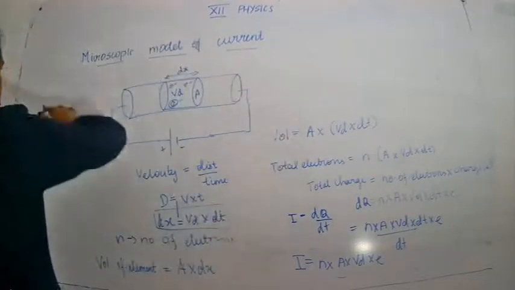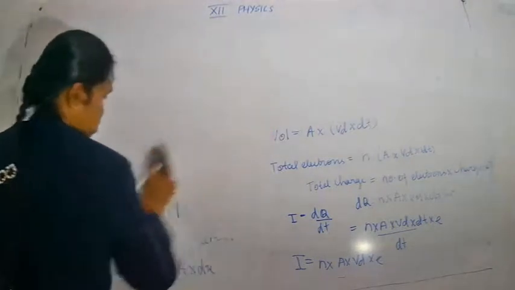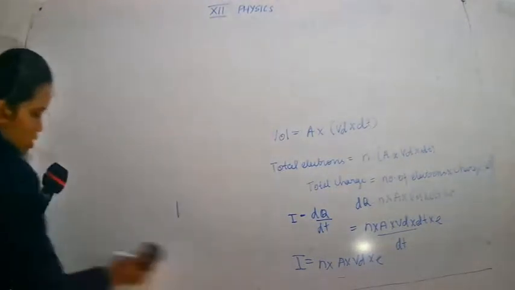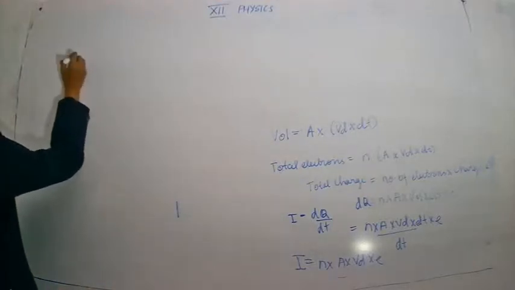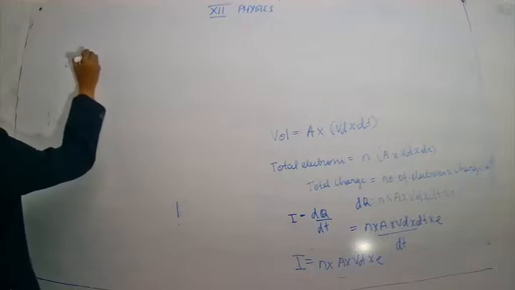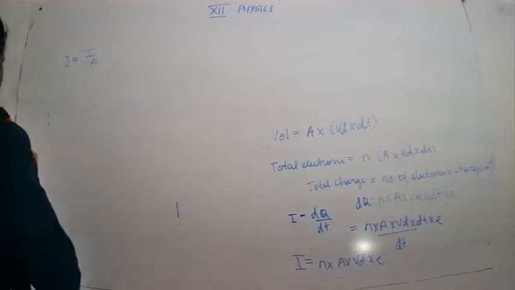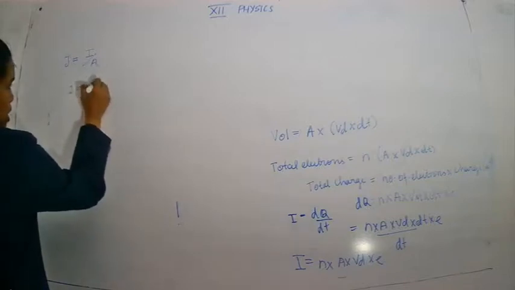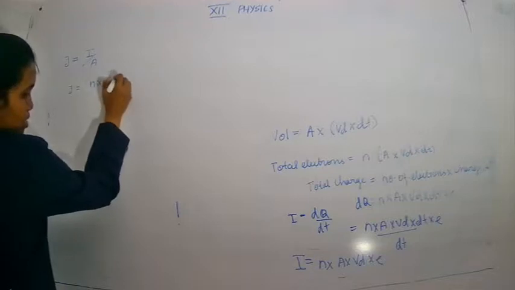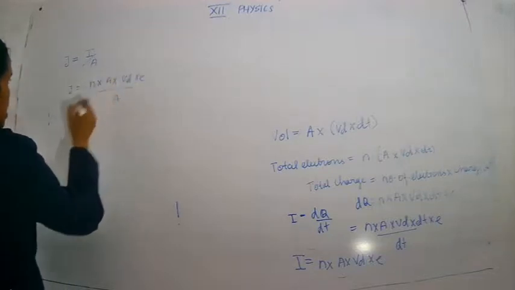Now we are going to find current density. What is current density? J is equal to I by A, isn't it? Already we have studied in the previous class. Now, J equal to n into A into Vd into e divided by A. A gets cancelled.